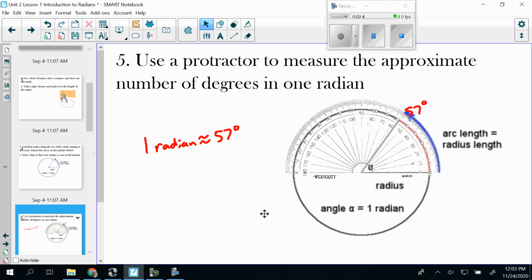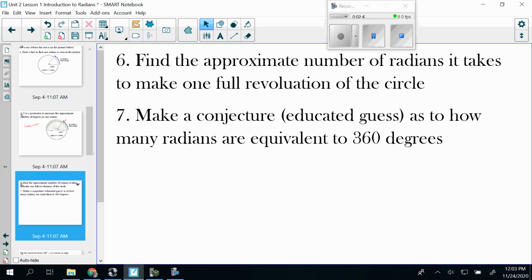So approximately how many radians does it take to make 1 full revolution of the circle? If we wanted to see how many fit around the circle, how many would there be? Well, we know in degrees that there's 360 degrees around the circle.